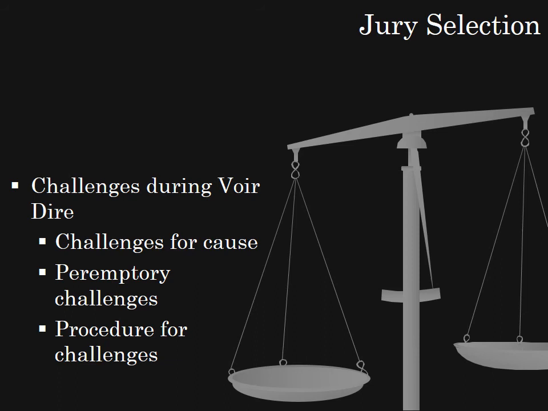We can dismiss them without giving any reason why. Okay, and you only have a certain number of those. So if you really need to get rid of a juror, you want to do it for cause. You want to be able to say that they have a certain bias that is going to hurt, injure our side. So we want them dismissed for cause because that doesn't count against us.